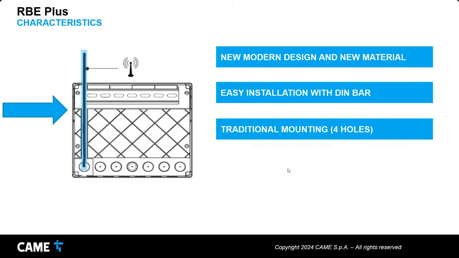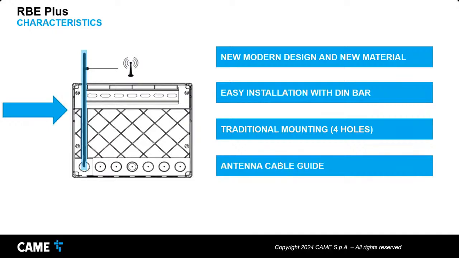Why do we talk about the antenna cable guide in the back side of the plastic box? Also because we will see throughout the presentation that the new RBE Plus has a specific connector inside the electronics dedicated to the GSM module.